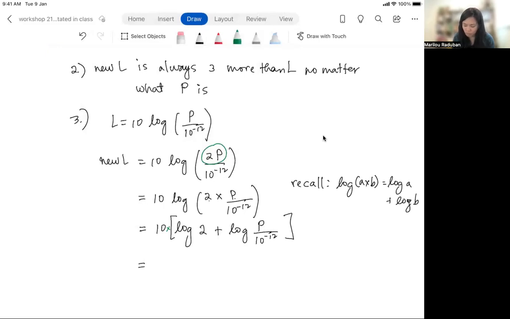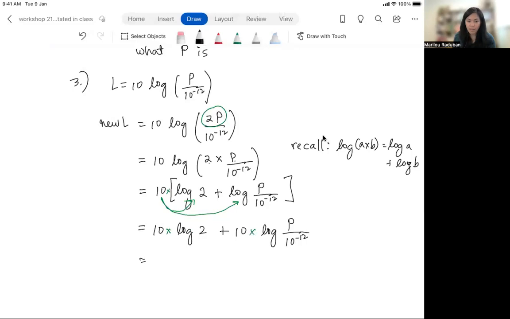We've seen in our previous lectures that with factorization, if you have a number that's being multiplied to something in a bracket, you distribute the multiplication to each term in the bracket. So that will be 10 times log 2 plus 10 times log P divided by 10 to the negative 12.